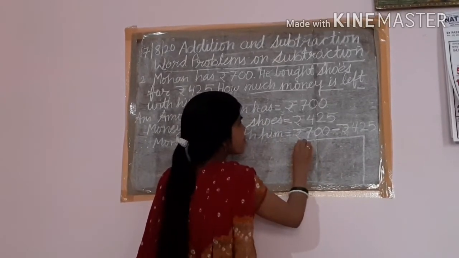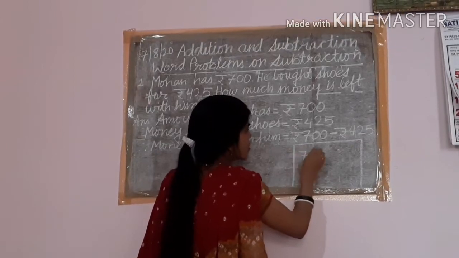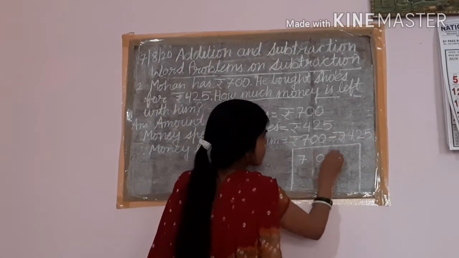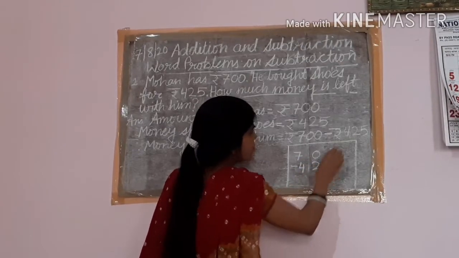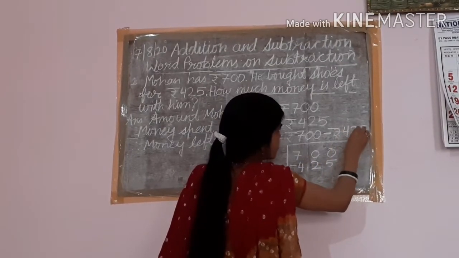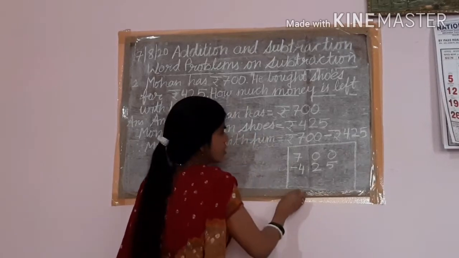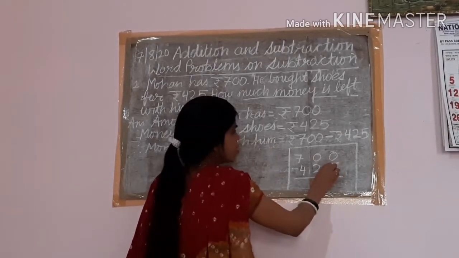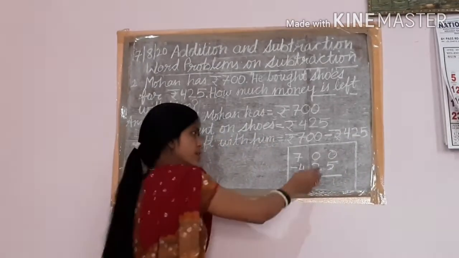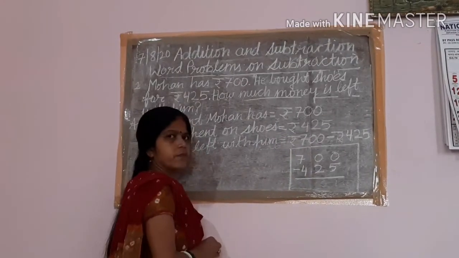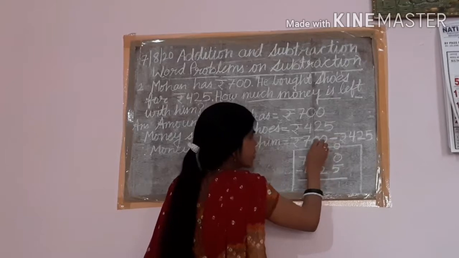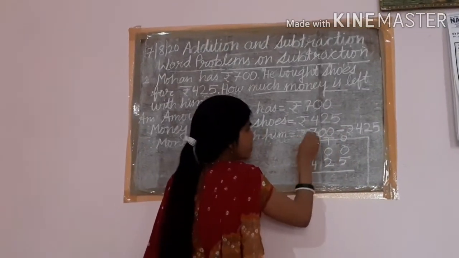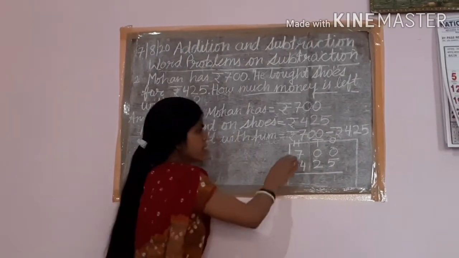Here is 700 and then minus sign 425. Subtract. 0 minus 5 is not possible. The next place is also 0, the tens place is also 0, and only in the hundreds place is there a number, 700.